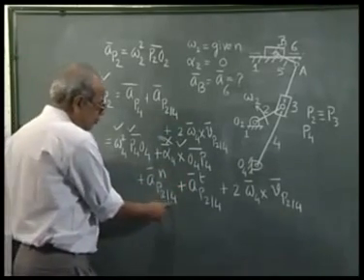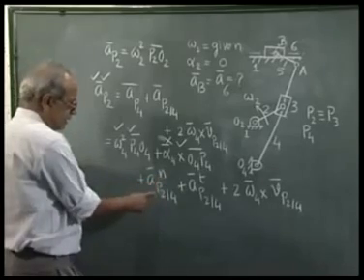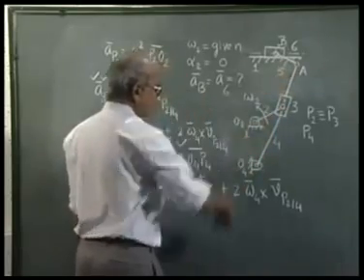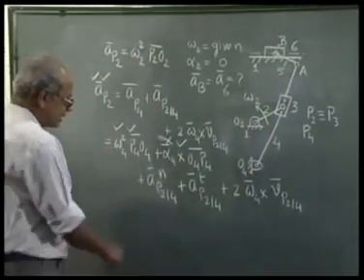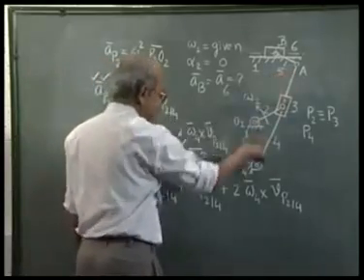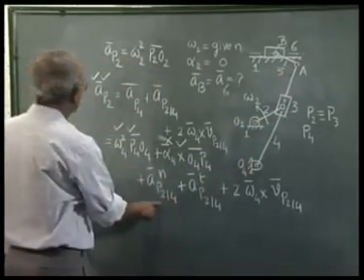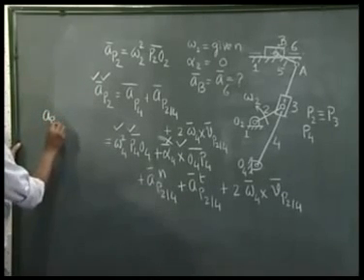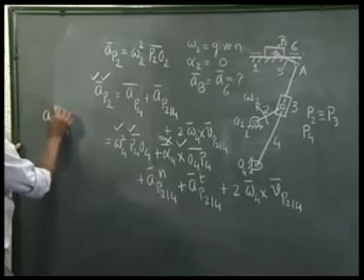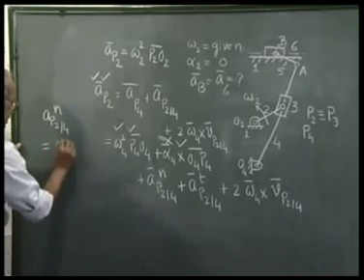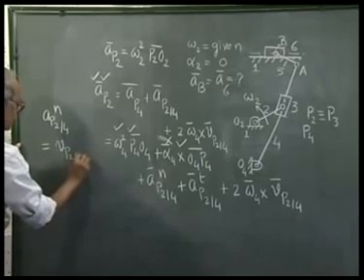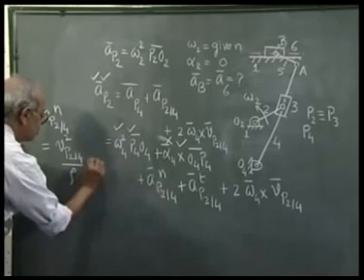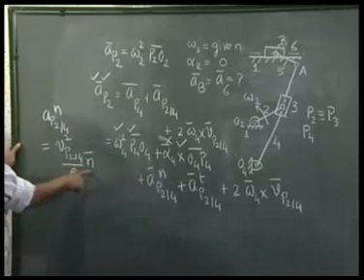Now AP24N, that is the path of P2 in body 4, which is the straight line O4A. Because it is a straight path, the radius of curvature of this path is infinity, and this, as we discussed earlier, if we write it separately, AP24N is nothing but V P24 squared by rho along the normal to the path towards the center of curvature.